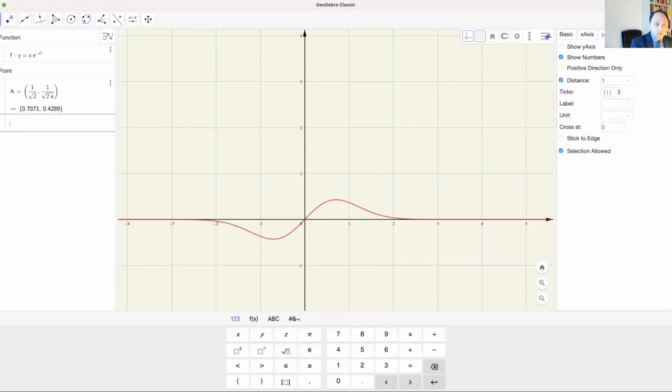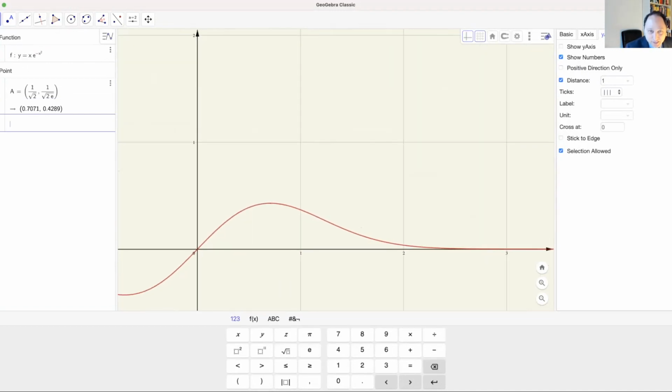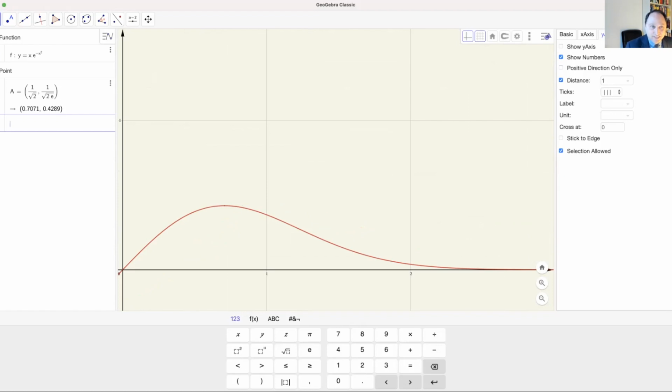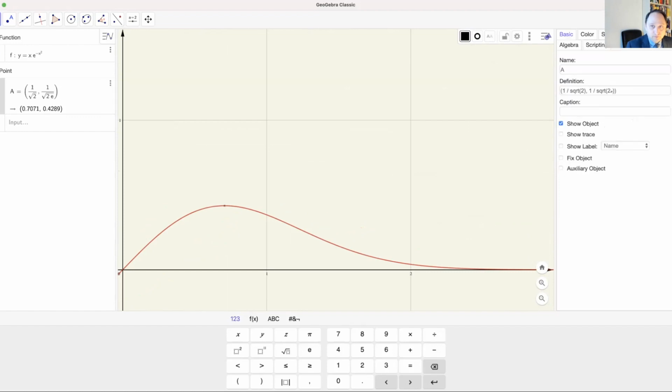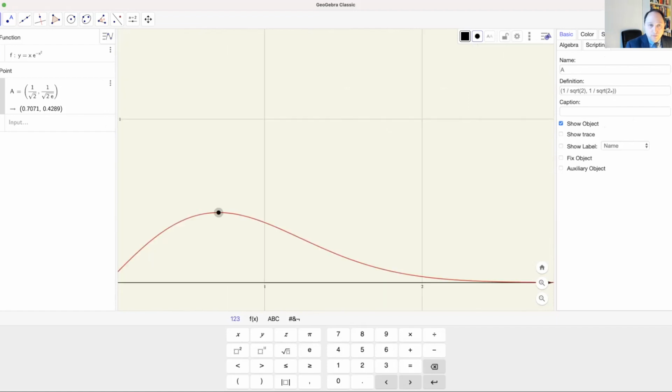Let me see where this point is. I have made it very small. If I go inside, you see this little dot. Let me go to the settings and make it a little bit bigger for you. I increase the size, and let me make it like this. Okay, and then I will come back.